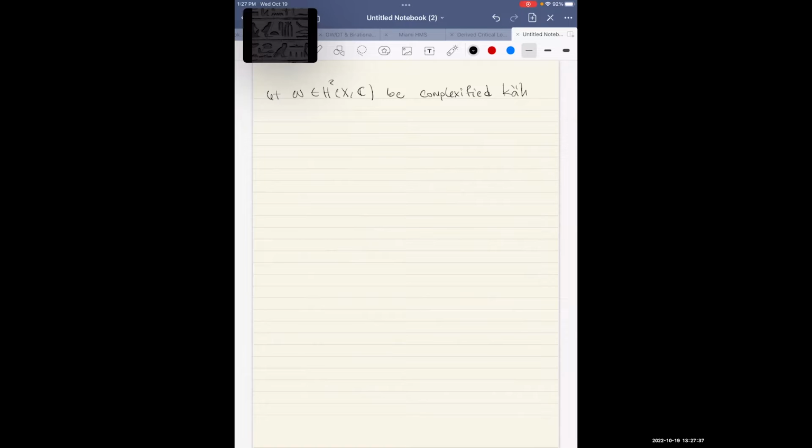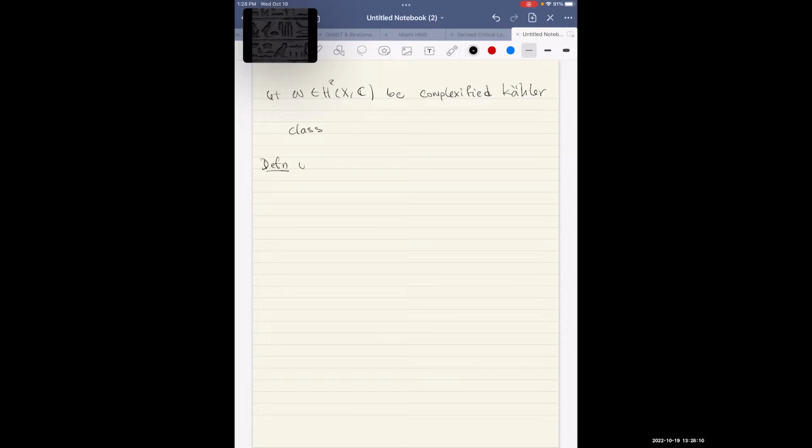It is the class of the Kahler form on that variety. It is like a line bundle and a divisor, of complex codimension one, so it is sitting in H2. So let's say that this is a complexified Kahler class.